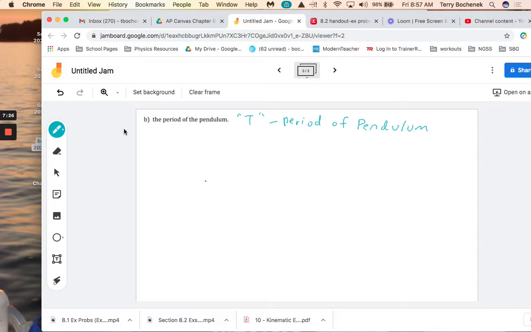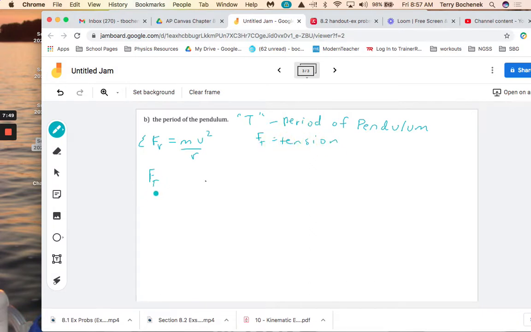So back to our sum of forces in the radial direction equals mv squared over r. I'm going to go back to Ft for tension, so we don't get confused by which T is which.